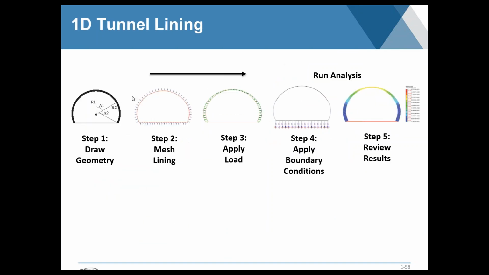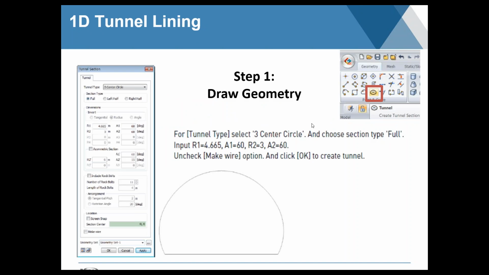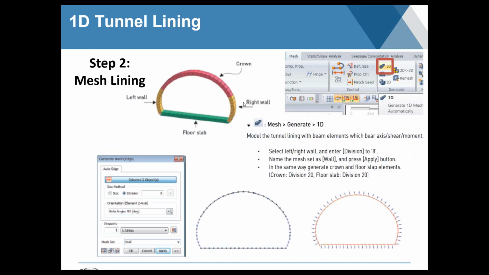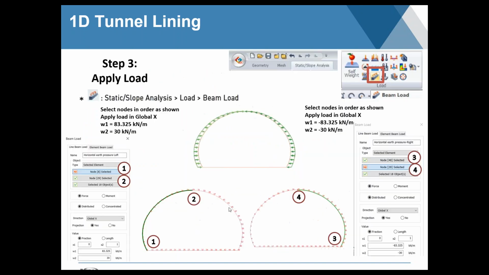The process you get to practice is drawing the tunnel, meshing the 1D tunnel, applying the beam loads, defining the boundary condition, which in this case is represented by springs, and then running the analysis. We'll include these slides that give you all the specifics for the dimensions of the tunnel, what size of mesh to give, and the distribution of the loads.